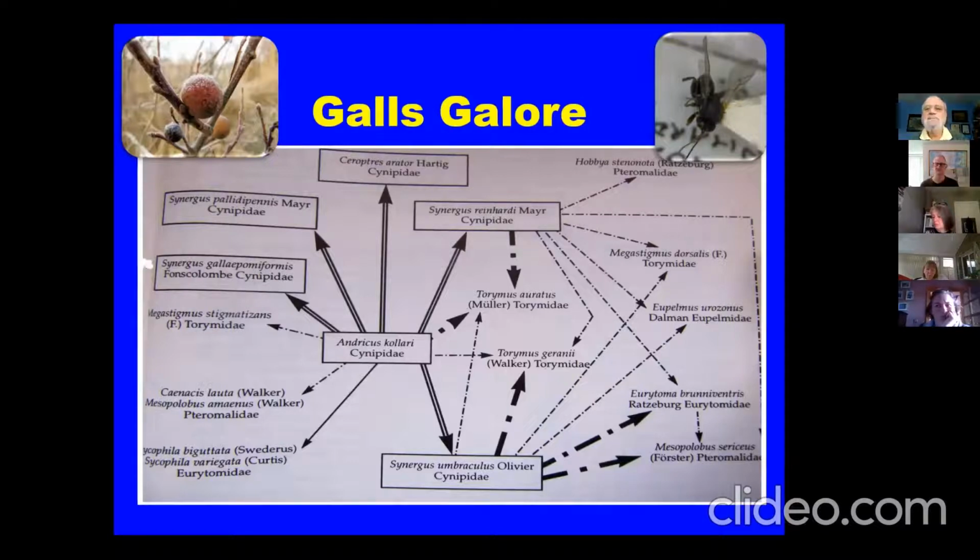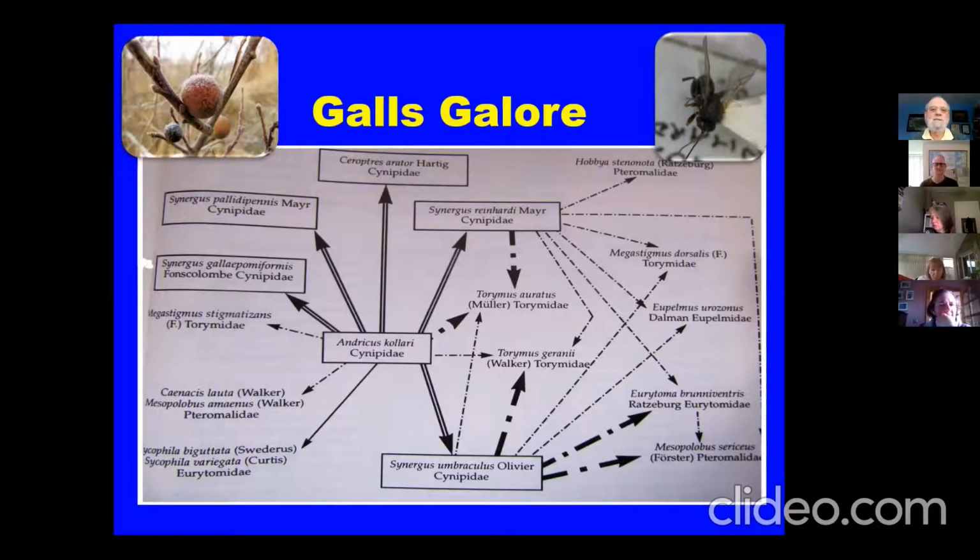And then all those other species that are mentioned there, apart from the Synergus, there's 4 Synergus species shown there, are all chalcid wasps that feed on the larva or feed on each other. So the arrows go from the source of food to the thing that's consuming it.